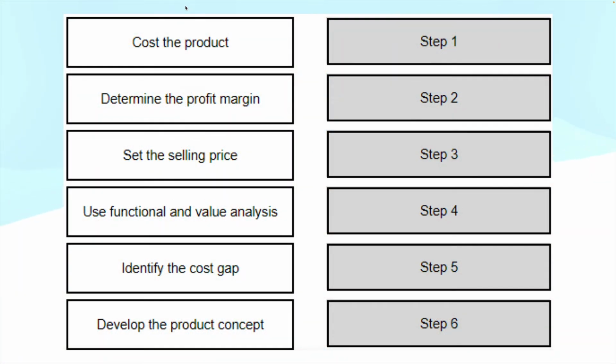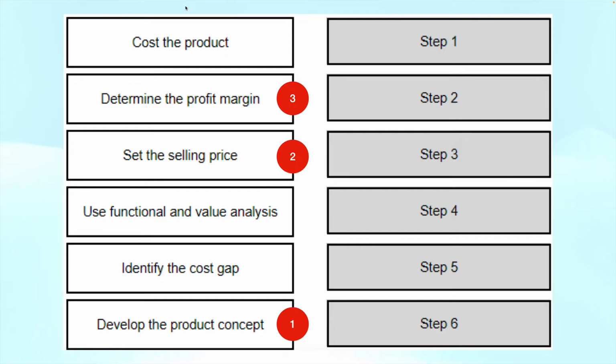Can you remember with target costing, what you do is, first of all, you have to develop the product, don't you? So you develop a product, obviously, and then you say, right, what's the market prepared to pay? So you set the selling price. And then once you've worked out what they're prepared to pay, you say, right, what profit margin do I want on that? And only then does the cost come out. That's my target cost then.